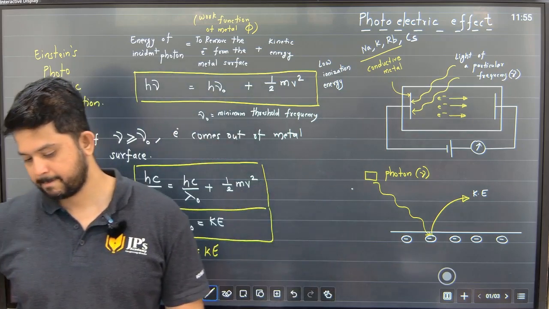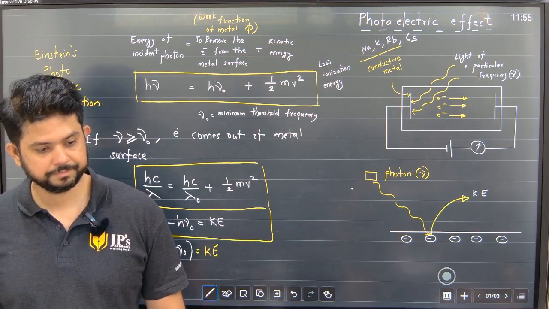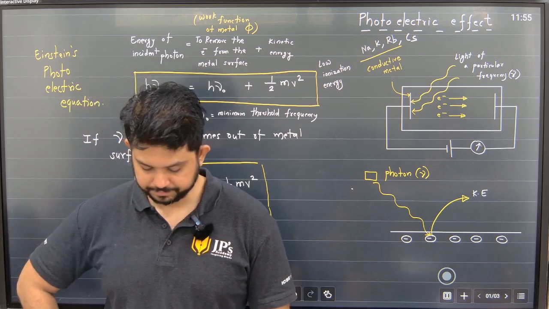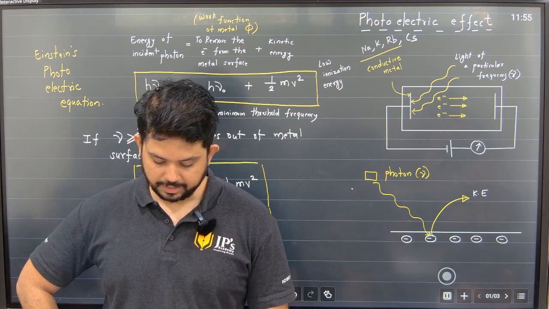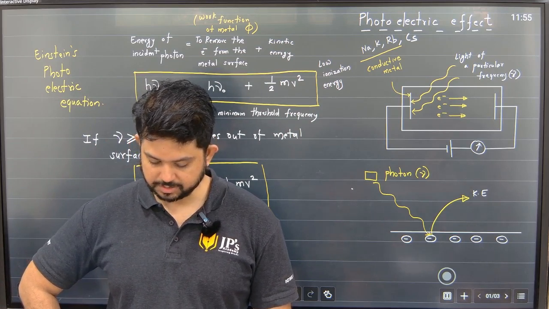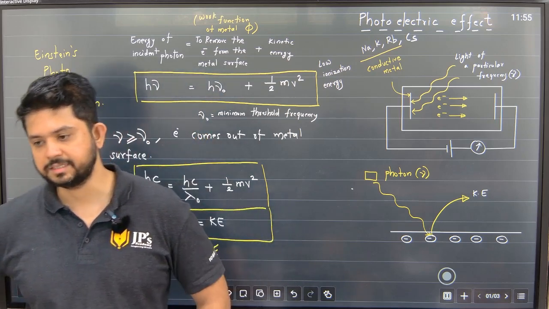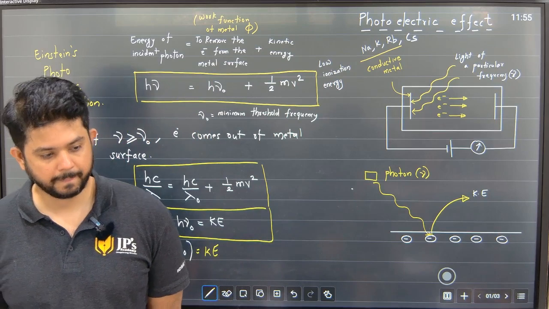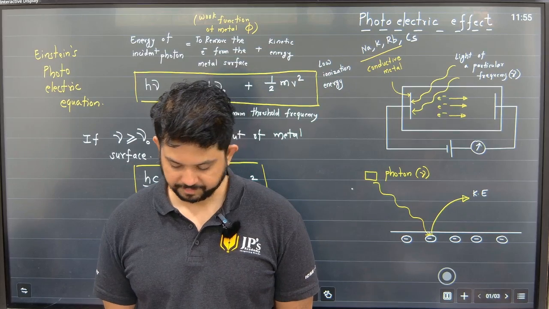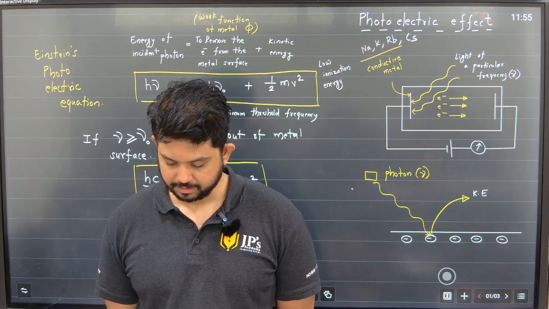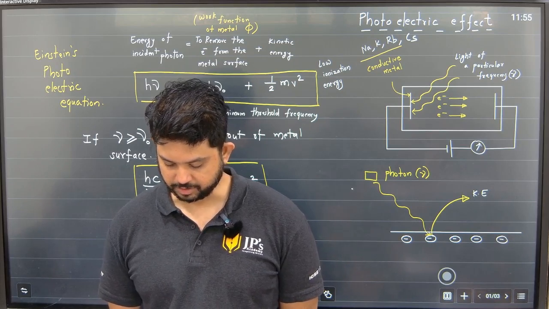Observations. Electrons are ejected as soon as the beam of light strikes the surface.